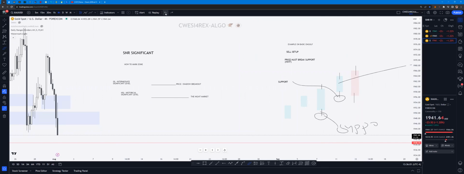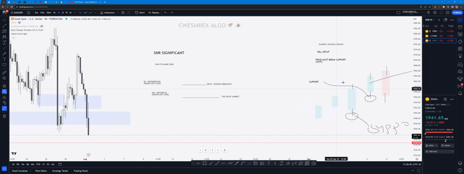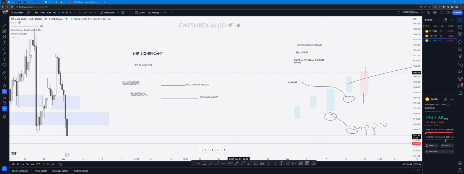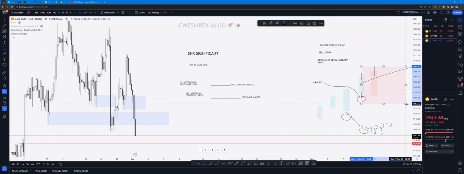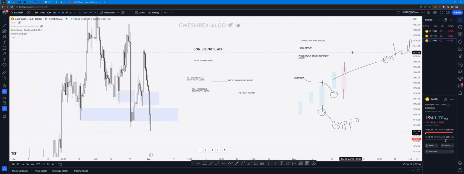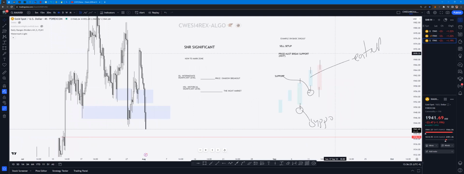It's all about zone marking, and with zone marking, you can't just mark any candle. We want the specific candle to mark from. It's either we mark this or we mark from here. That's the end product of what we are trying to learn, how to mark a zone.